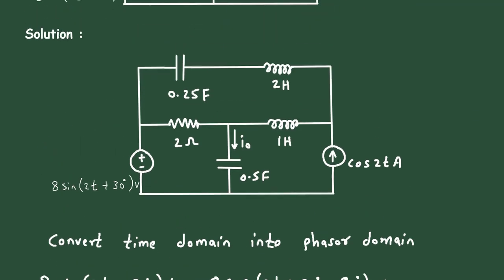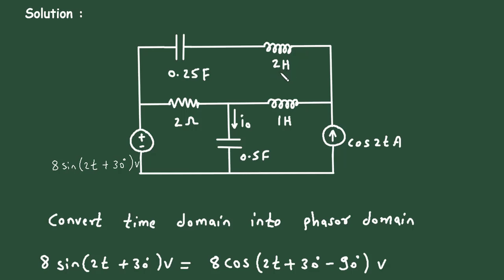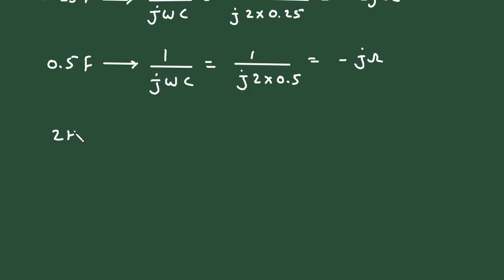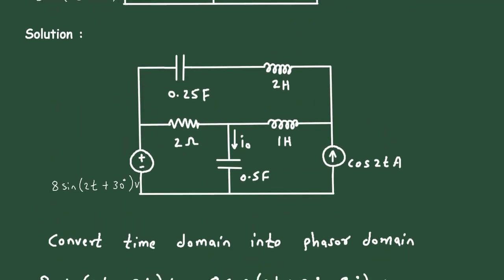Then next 2 Henry. So, this 2 Henry will change to j omega L. So, j into omega value is 2 into inductance value is 2. So, it will be 4j ohm. Then next 1 Henry.